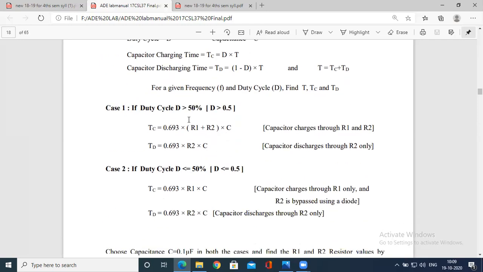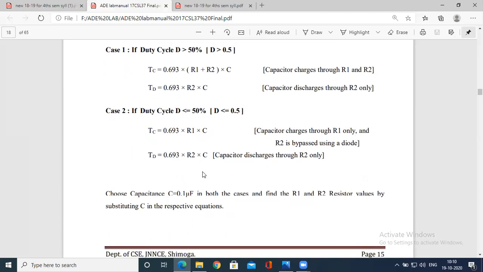That is, the duty cycle greater than 50. Whenever the duty cycle is greater than 50, remember that in the circuit design the capacitor charges through R1 and R2, and the capacitor discharges through R2 only. You have to be very specific in the design part.